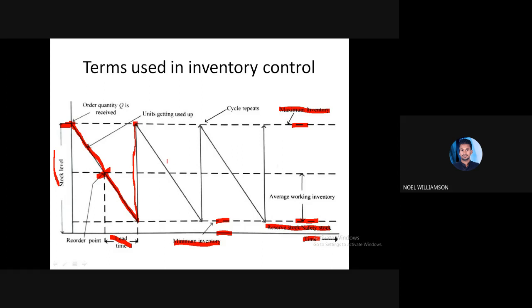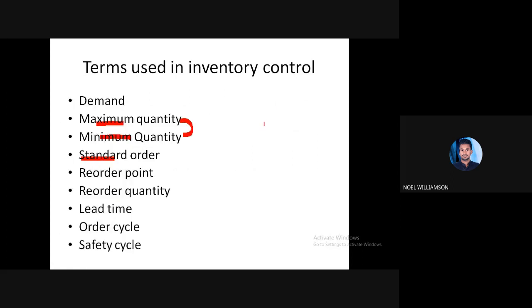So the process will continue. It will go like this, and this is the reorder point. We will make the order, and after the lead time, it will be filled. Likewise, it will go. So that is the reorder point.